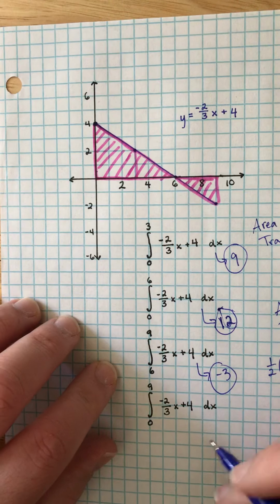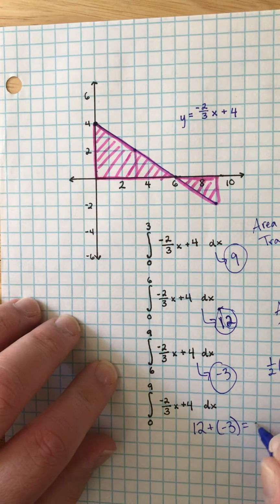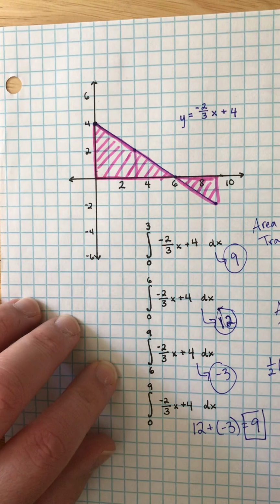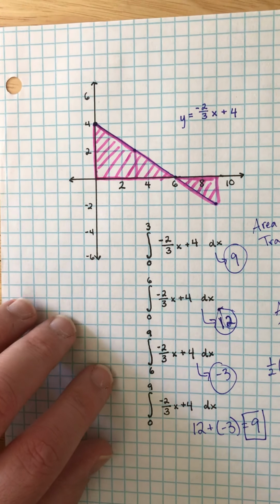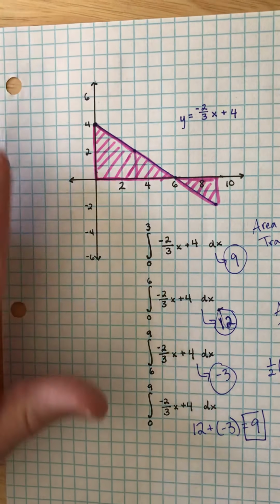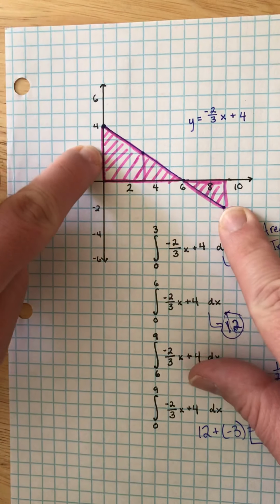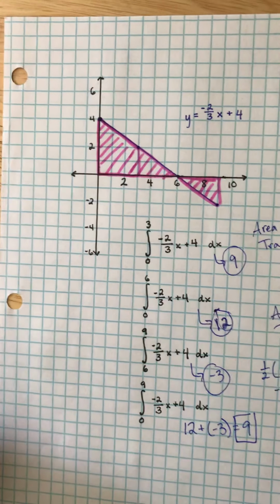All I have to do now is combine them. 12 plus negative 3 makes 9. So my final answer here is 9. Let me repeat that one more time. Definite integrals can be negative. If there's a positive part and a negative part, you can calculate them separately and then combine the answers in the end. All right, hopefully that explains it. You guys will see me for another example in just a second.